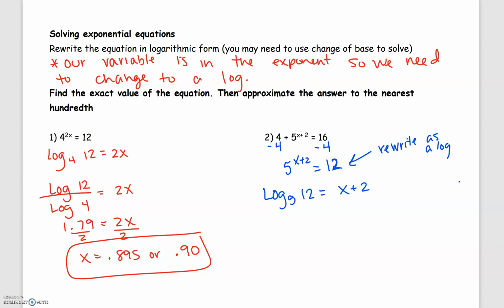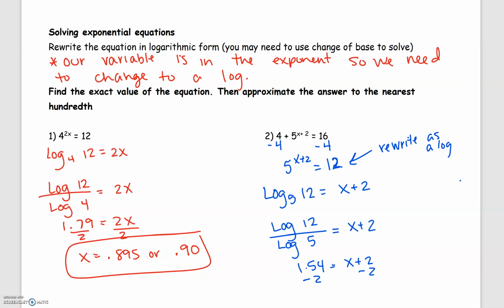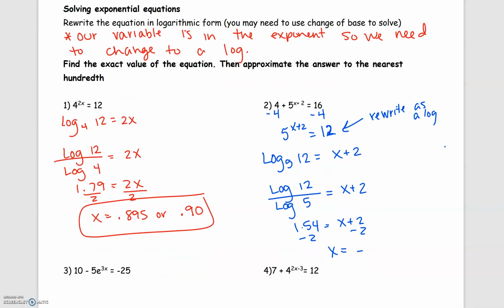Now we rewrite this in change of base, log over log form: log of 12 over log of 5, with the base on the bottom, giving them both the logs. Then we type that into our calculator, and we have one additional step of subtracting 2. So we get negative 0.46.